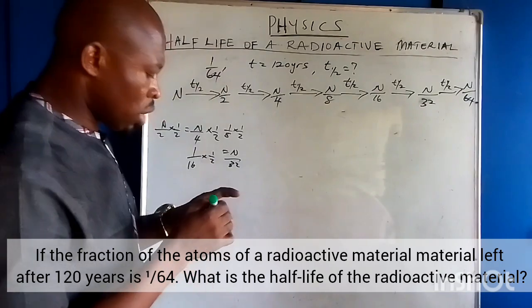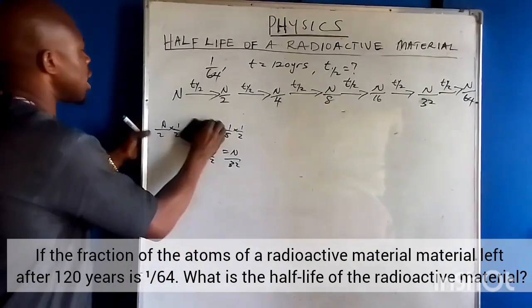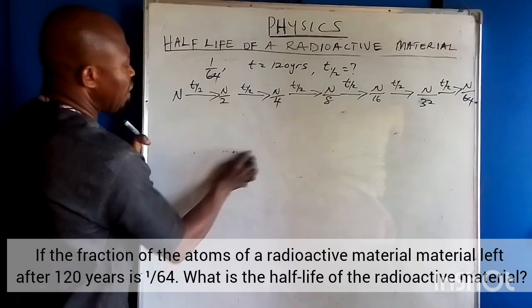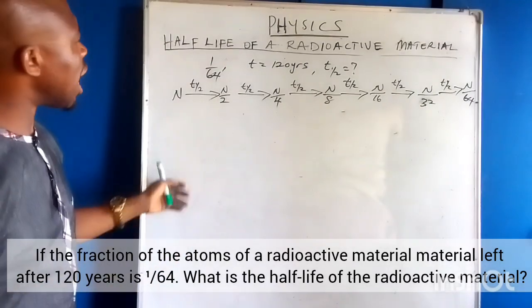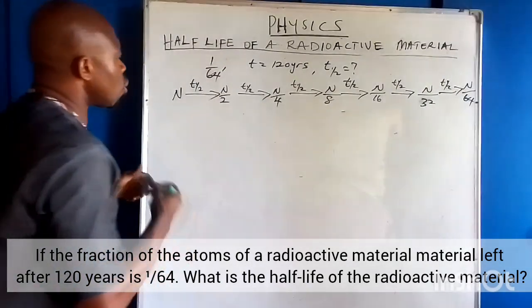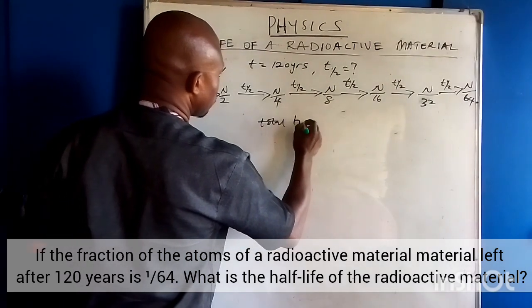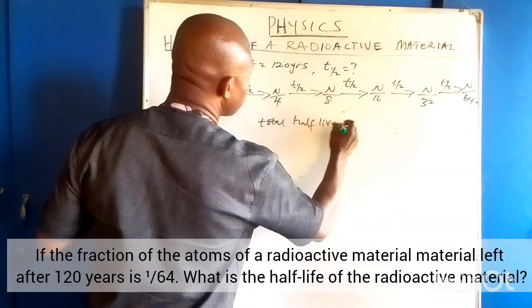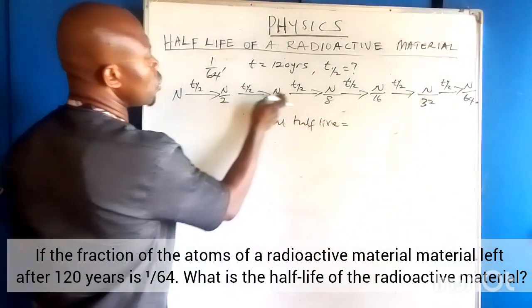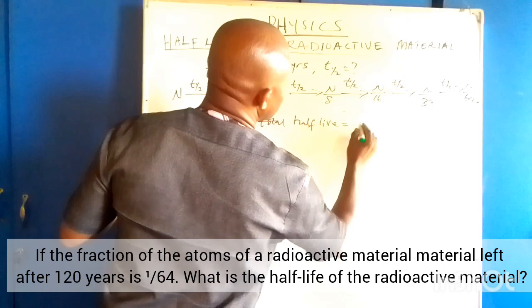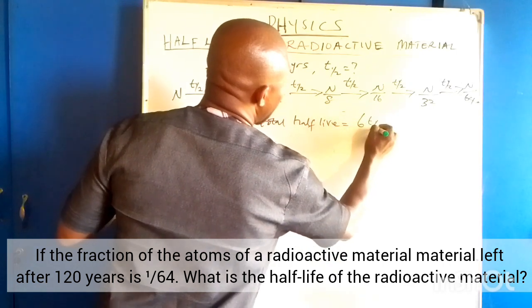The next thing we'll do is calculate all the half-lives. Total half-lives is equal to 1, 2, 3, 4, 5, 6. So I have 6 half-lives.